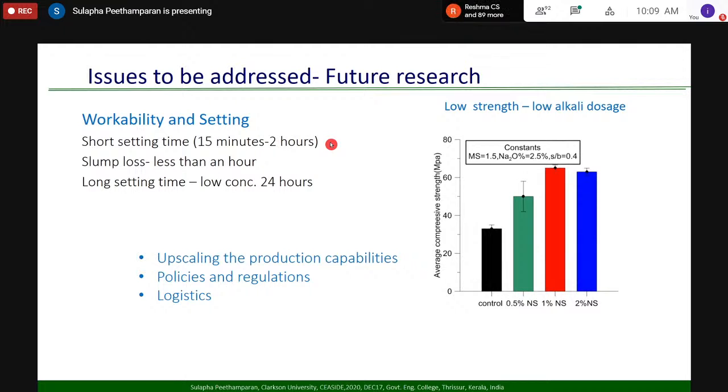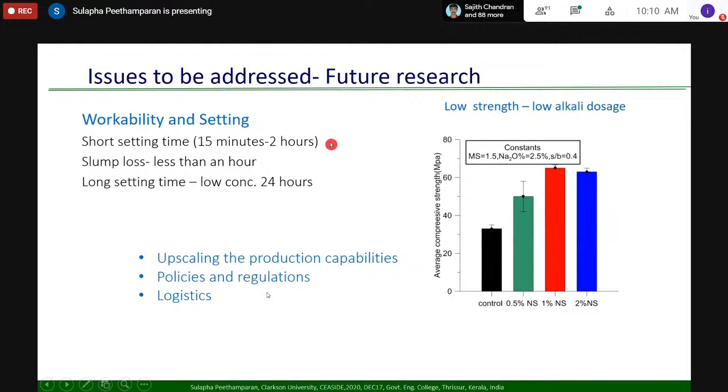In typical concrete mixtures, we control the setting time using admixtures, and any admixtures available in the market don't work with this kind of concrete. So we need to develop more admixtures that work with this kind of geopolymer concrete.